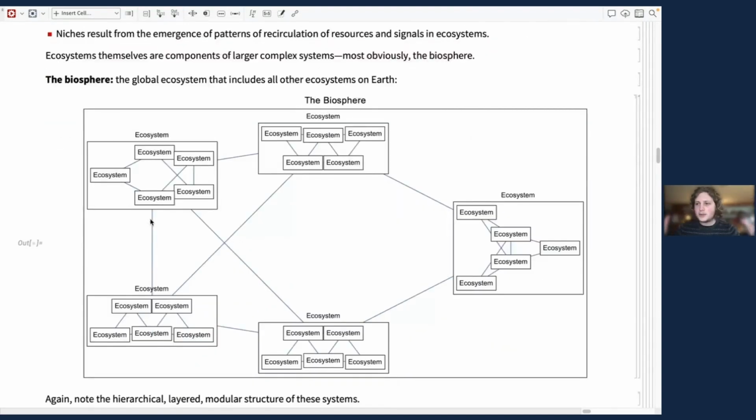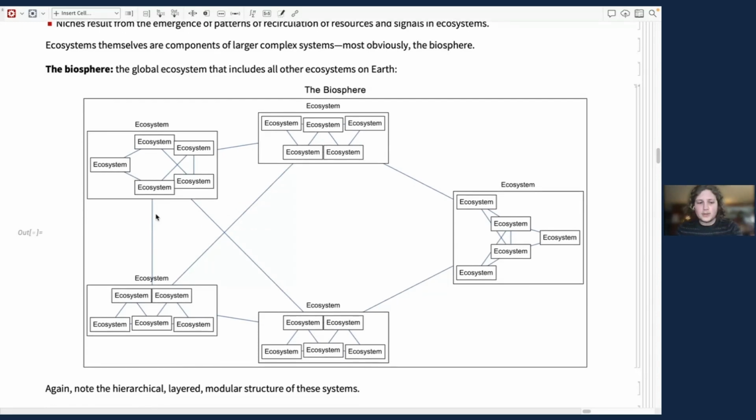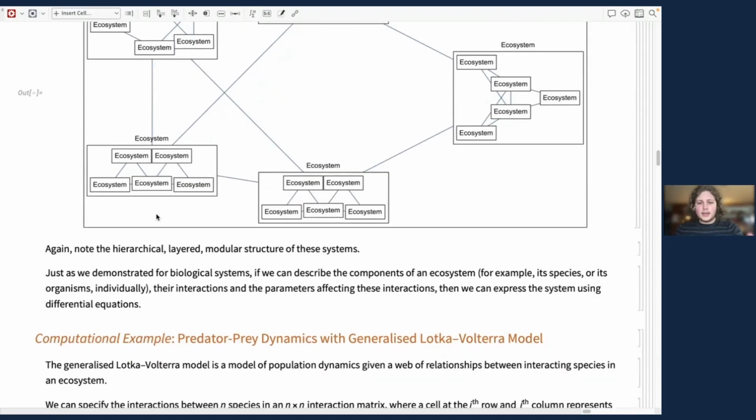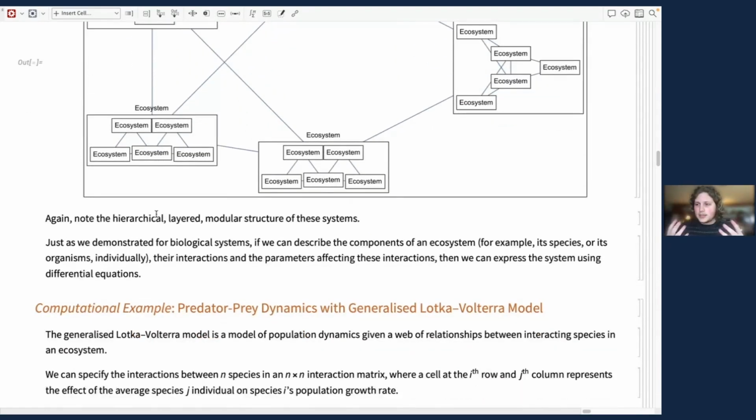So the biosphere is composed of many ecosystems, which themselves are composed of many smaller ecosystems, and so on. Again, note the hierarchical layered modular structure of these systems. And we can use the insights from this modular hierarchy in our modeling.